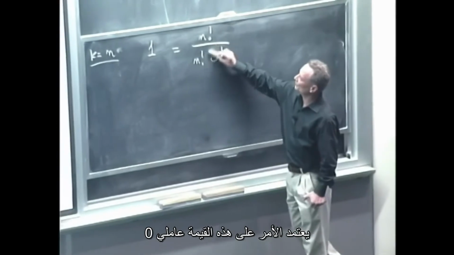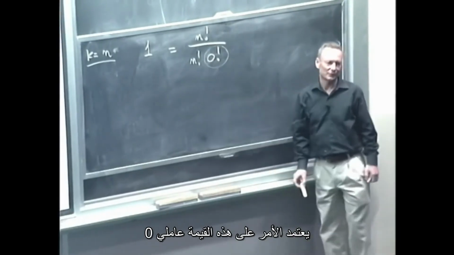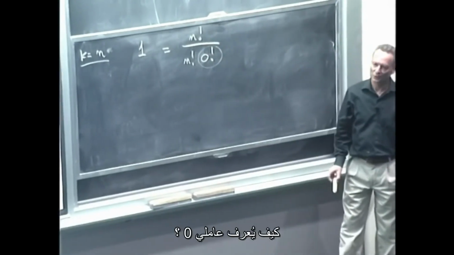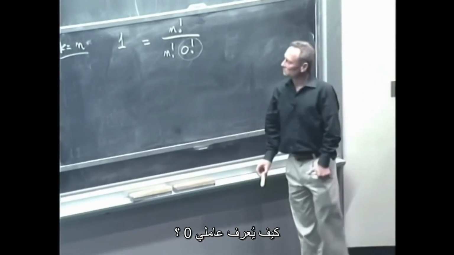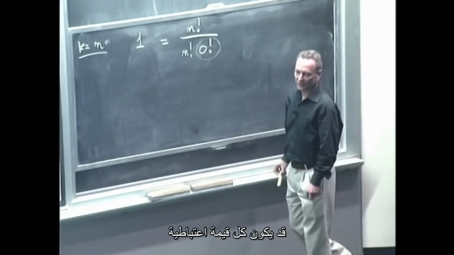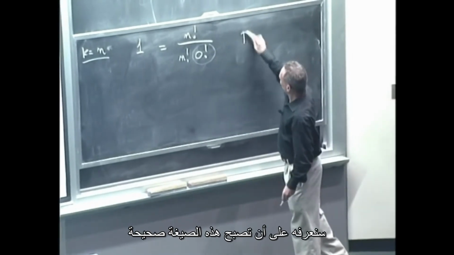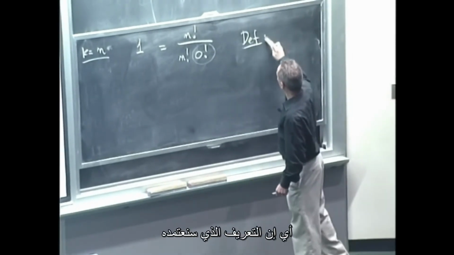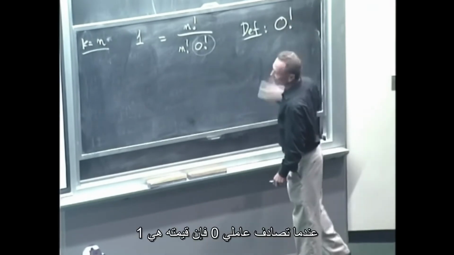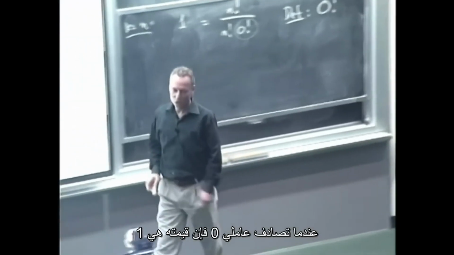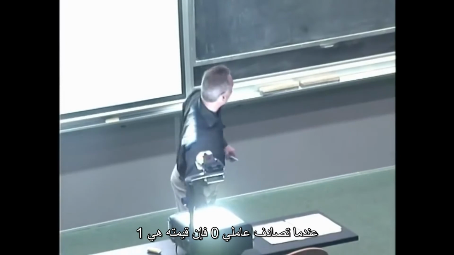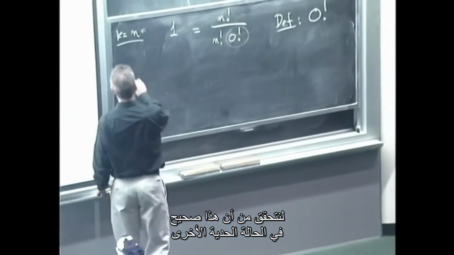Well, it depends what kind of meaning we give to this symbol. How do we define 0 factorial? I guess in some ways it's arbitrary. We're going to define it in a way that makes this formula right. So the definition that we will be using is that whenever you have 0 factorial, it's going to stand for the number 1.